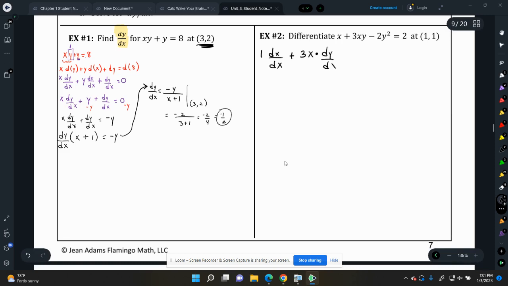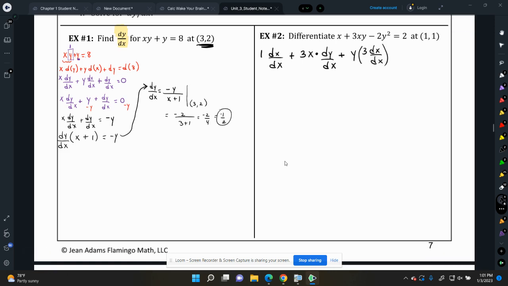The first times the derivative of the second, plus the second, so y, times the derivative of 3x. What's the derivative of 3x? 3 dx dx. For now, we're going to keep writing the dx dx. We'll let it drop out later.